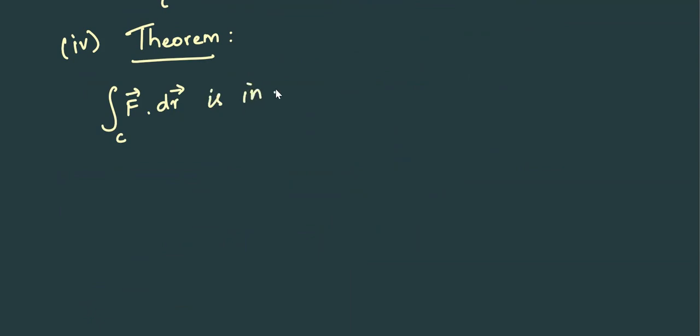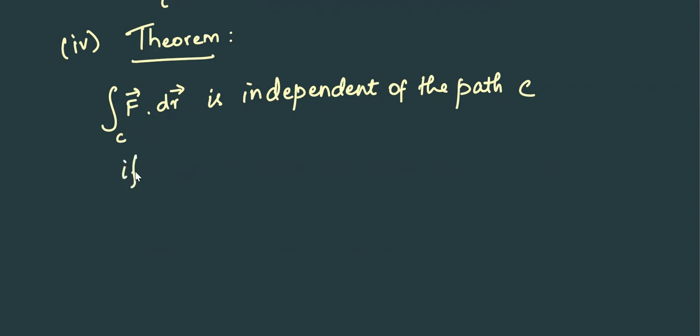If f dot dr is independent of the path C. No, the statement is this line integral is independent of the path C if f is a conservative vector field.